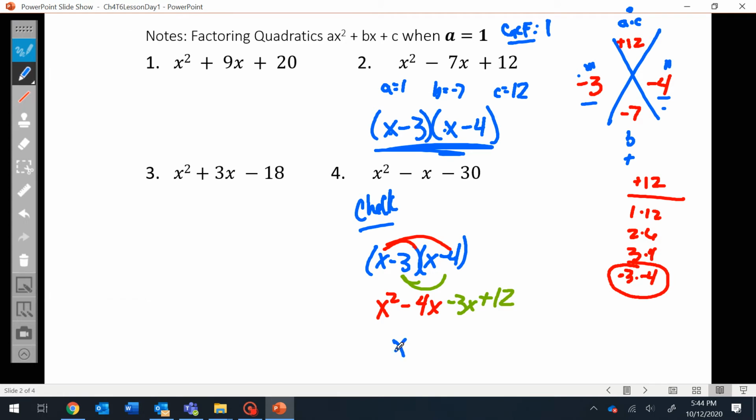Combine the like terms, x squared minus 7x plus 12. And that's correct. So I can be 100% certain that my correct factorization is x minus 3, x minus 4.